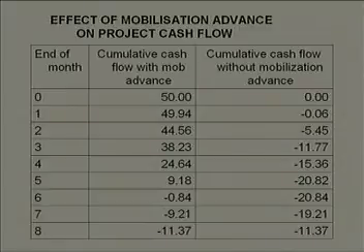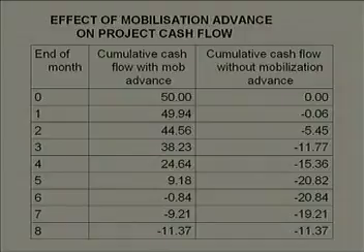If you see the first table of this particular slide, in the first column you will find end of month. So, end of month 0, that means now, end of month 1, 2, 3, 4, 5, 6, 7, 8. This particular slide gives you the cash flow for each of the months up to 8 months for both the cases.